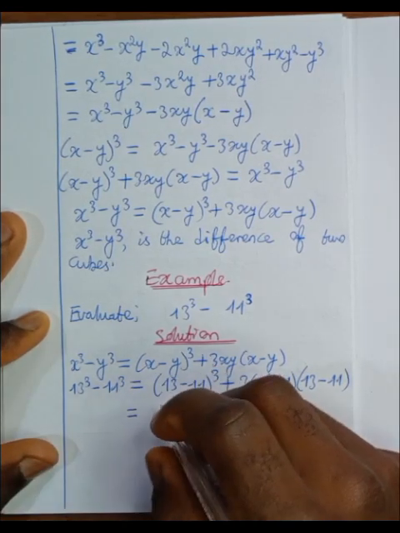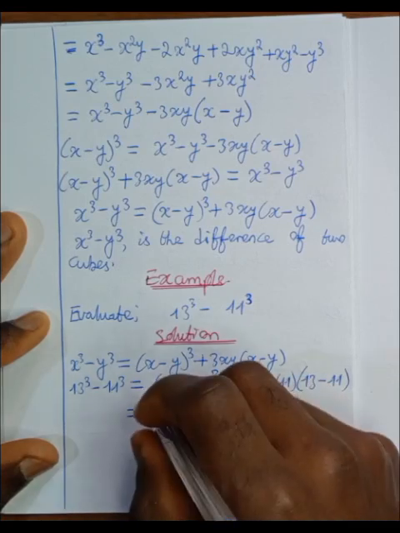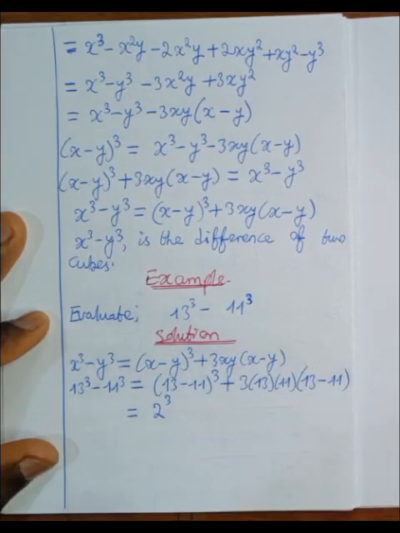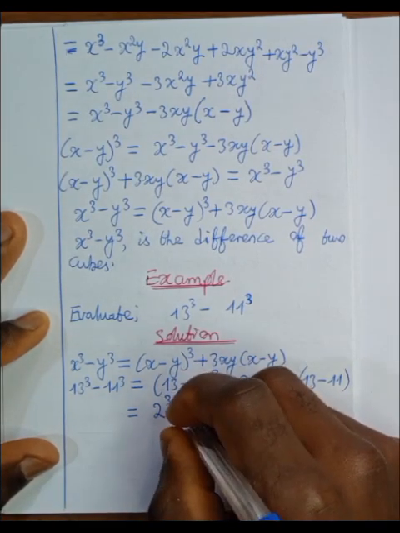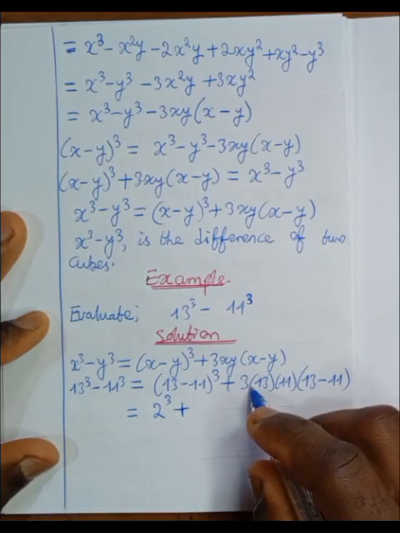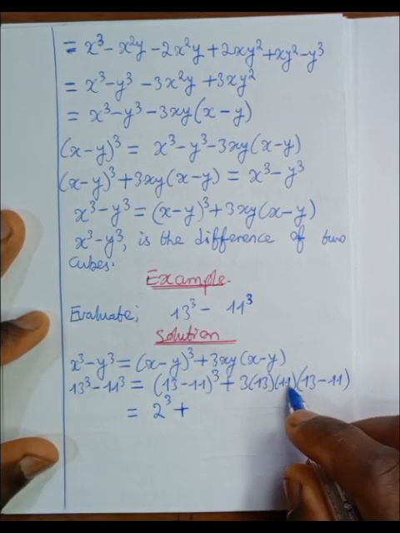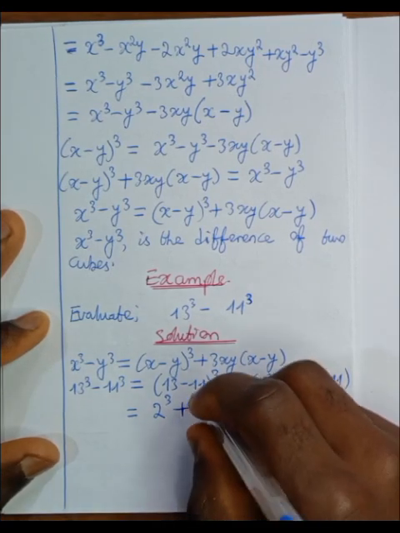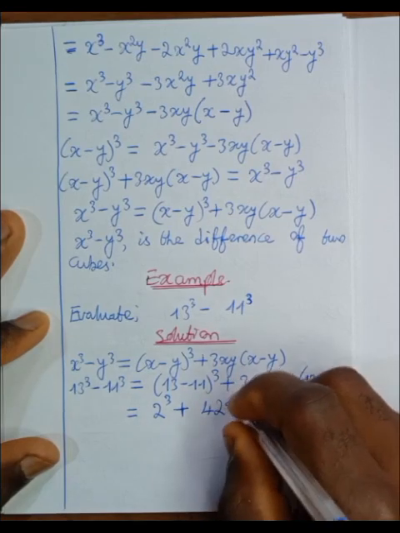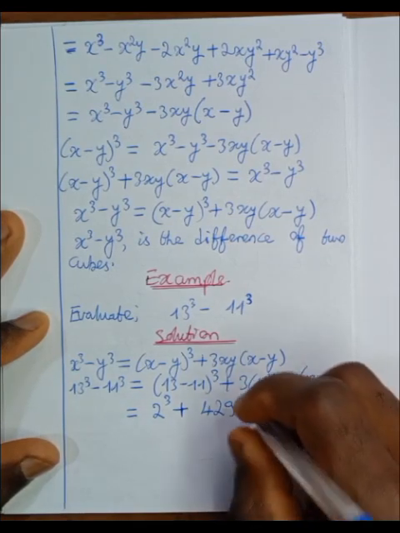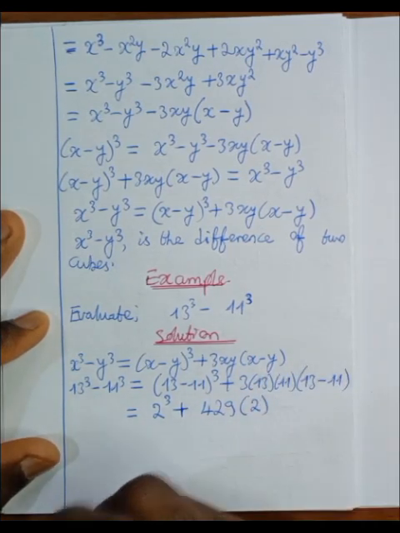This will be equal to 13 minus 11 gives us 2 cubed plus 3 times 13 times 11 gives us 429 times 13 minus 11 gives us 2.